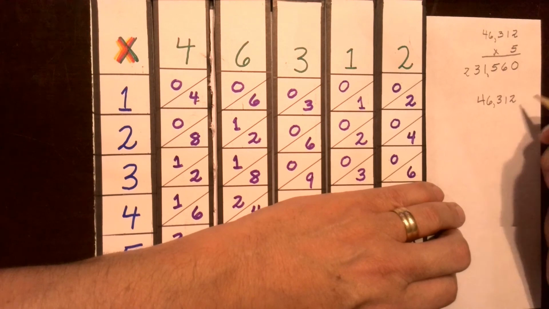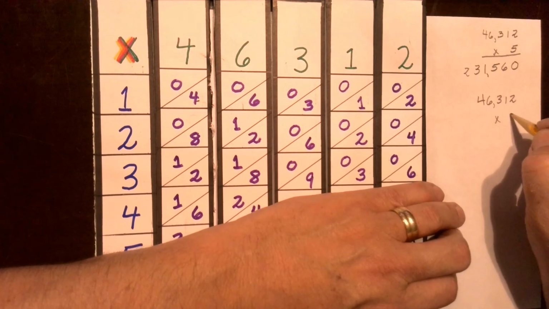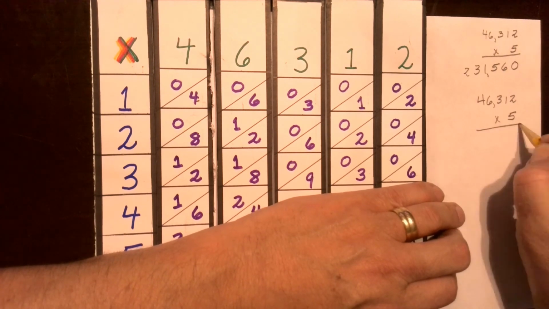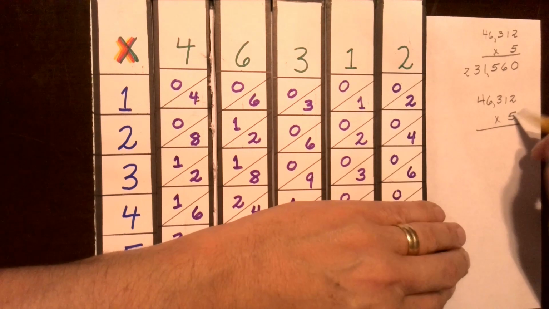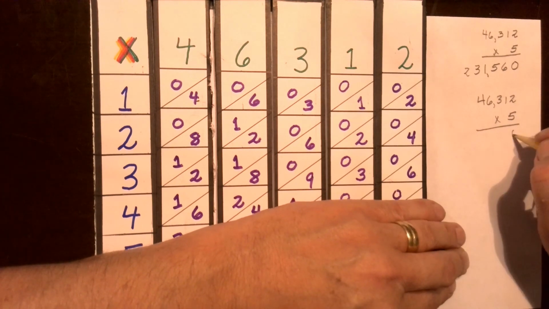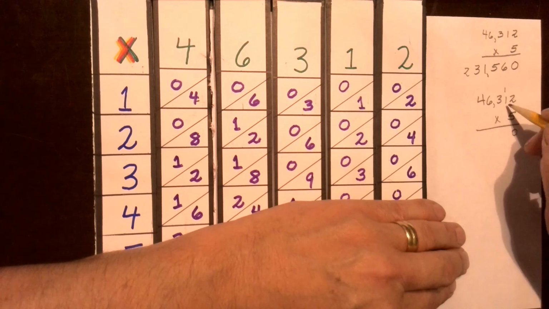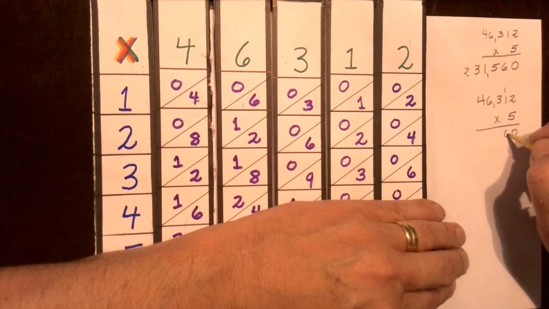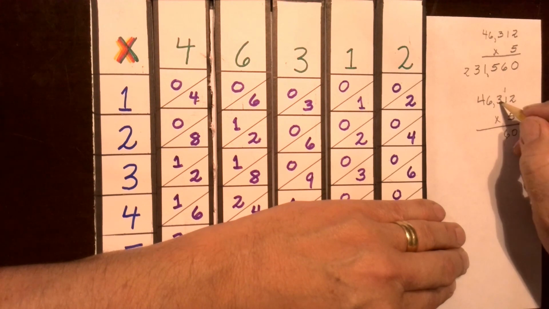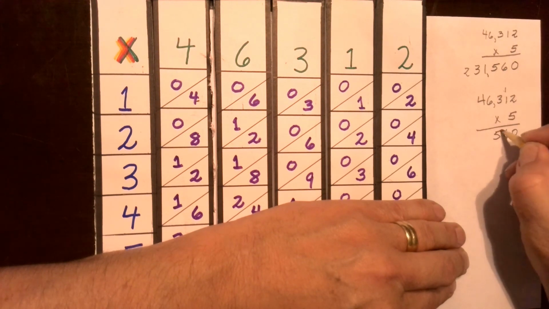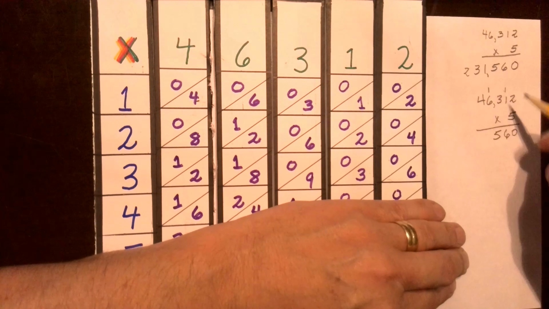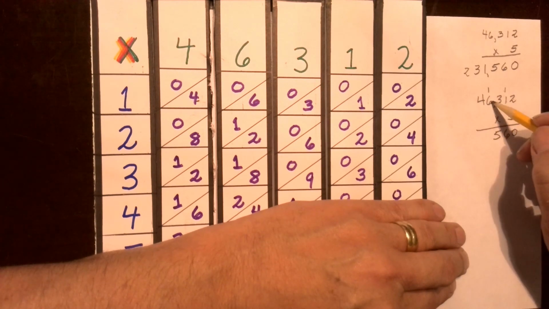All right, so let's multiply this out the traditional way again. 5 times 2, 0. And here, in the traditional way, we're going to carry 1. So 5 times 1 is 5, plus 1 is 6. 5 times 3 is 15. Carry 1. 5 times 6 is 30, plus 1 is 31.